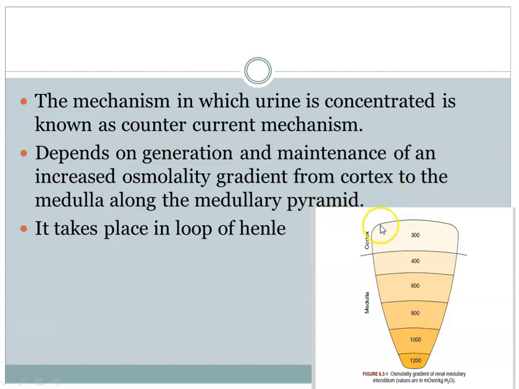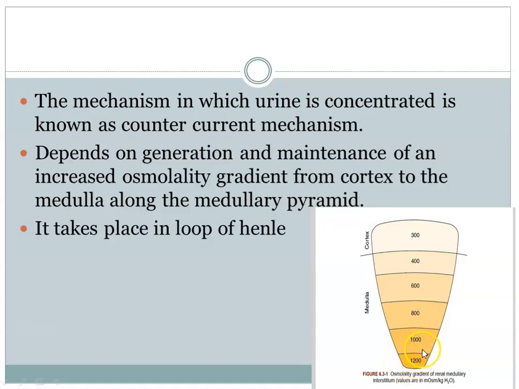The countercurrent mechanism depends on generation and maintenance of the increased osmolality gradient from the cortex to the medulla in the medullary pyramid. This is the medullary pyramid. Here, see this, the osmolality gradient keeps increasing, and at the base of the pyramid, the gradient is more.